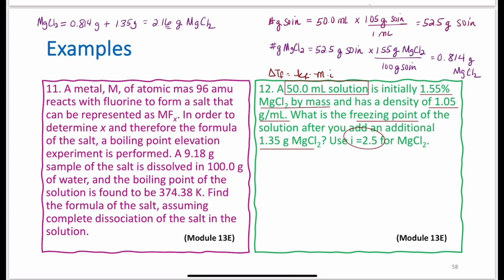Unfortunately, that's not the answer to the question totally, but it will help. We're getting there. Now we know how many grams of solute we have, and we can figure out how many kilograms of solvent we have, so we can solve the question. I do need to know how many moles, though. Let's convert this to moles. I'm not going to write it out because you guys should know how to do this by now.